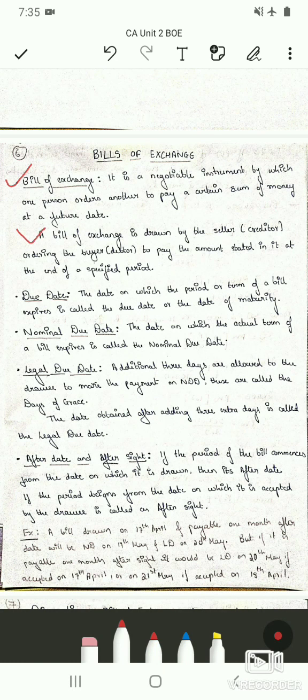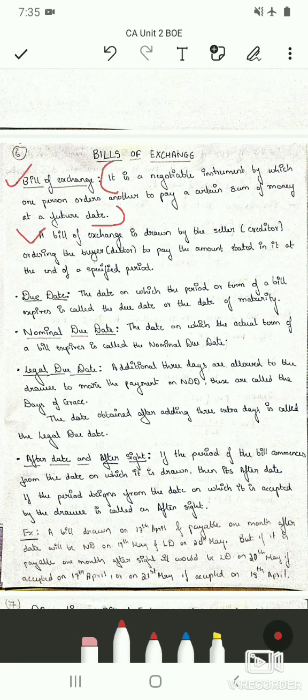A bill of exchange is drawn by the seller, that is the creditor, ordering the buyer, that is the debtor, to pay the amount stated in it at the end of a specified period. In your examination, if they ask you the definition of bills of exchange, writing till here is sufficient, but you can add one statement: a bill of exchange is drawn by the seller ordering the buyer to pay the amount.